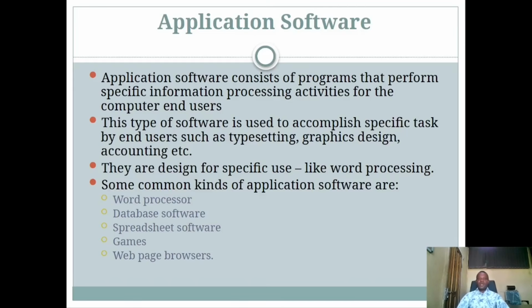Application software consists of programs that perform specific information processing activities for the computer end users. People who are not computer professionals but consume information generated by the computer system are called end users.